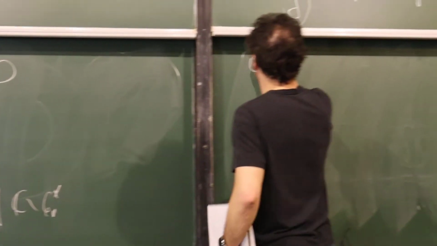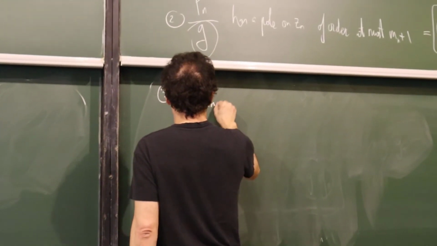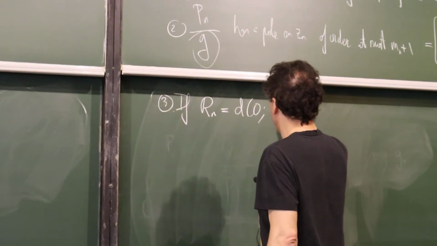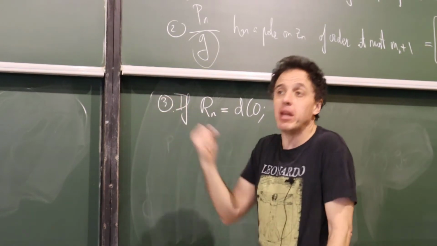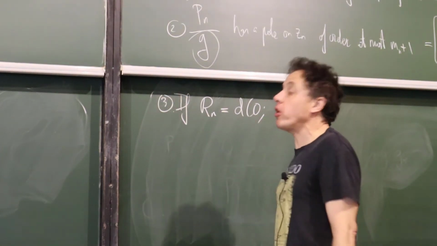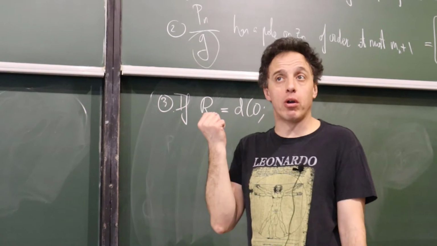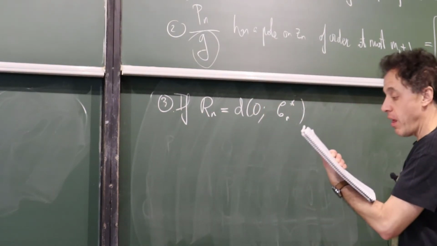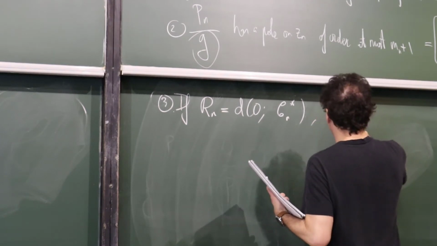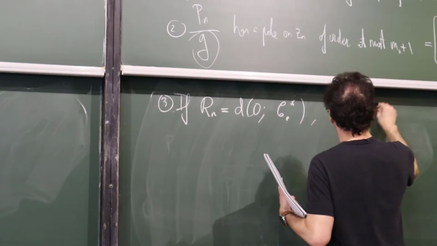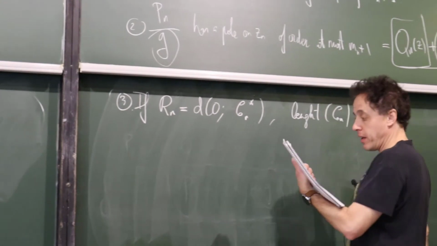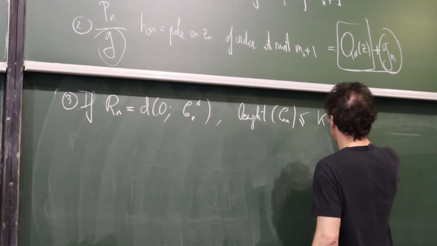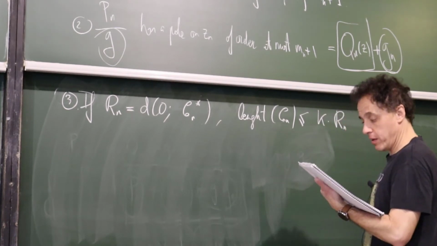If you call Rn the distance from 0 to the curve, so the point of the curve with minimum modulus, then the length of the curve Cn is smaller or equal than k times Rn for some k.